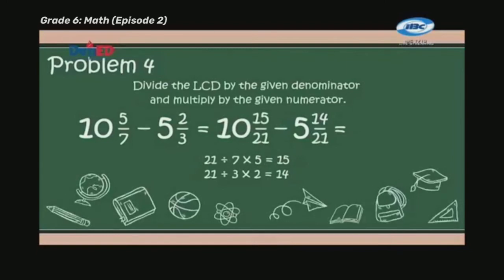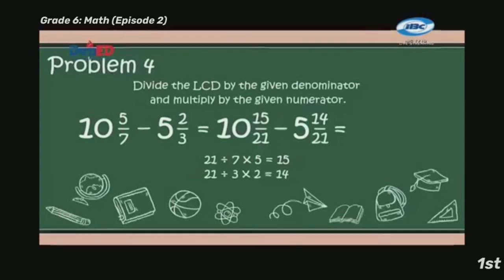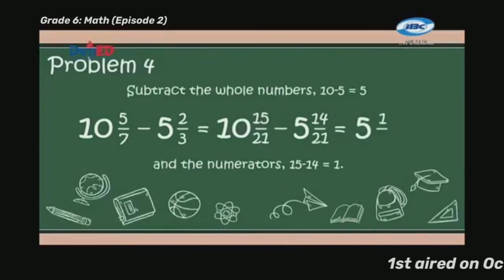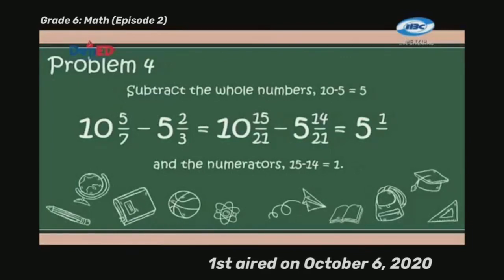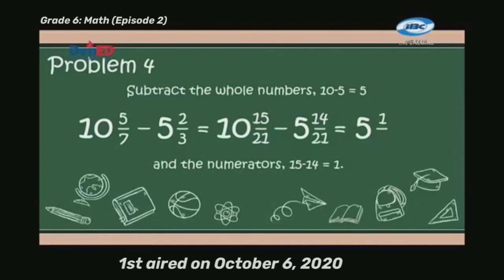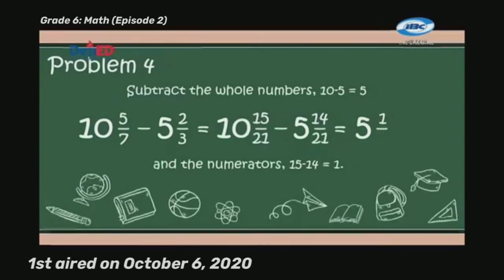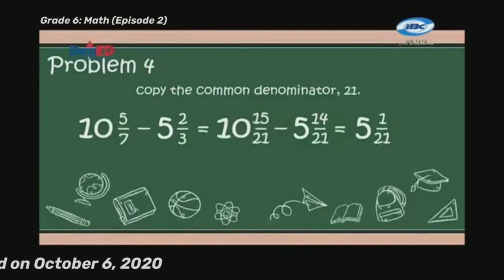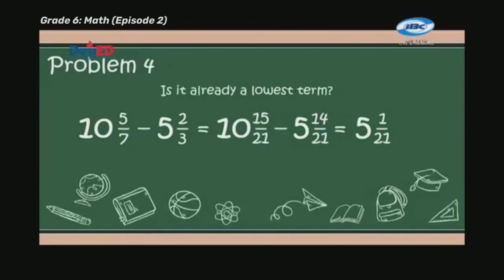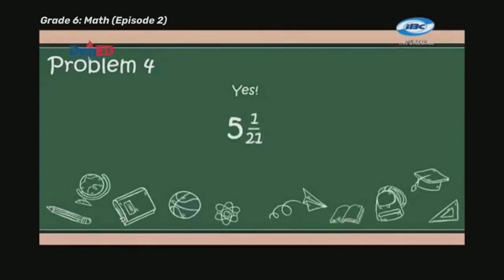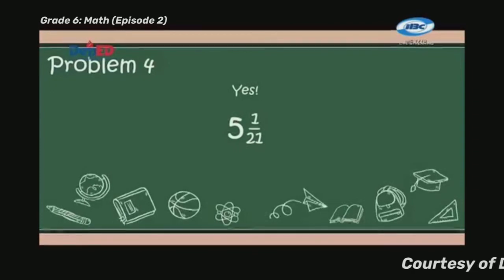We have 10 and 15/21 minus 5 and 14/21. Subtract the whole numbers. 10 minus 5 equals 5. And the numerators, 15 minus 14 equals 1. Then, copy the common denominator 21. So, we have 5 and 1/21. Is it already a lowest term? Definitely yes. Therefore, our final answer is 5 and 1/21.